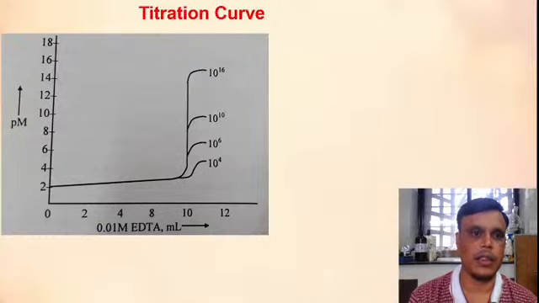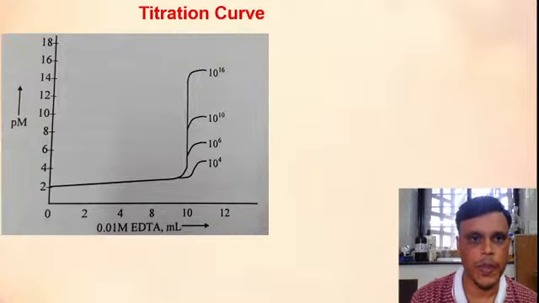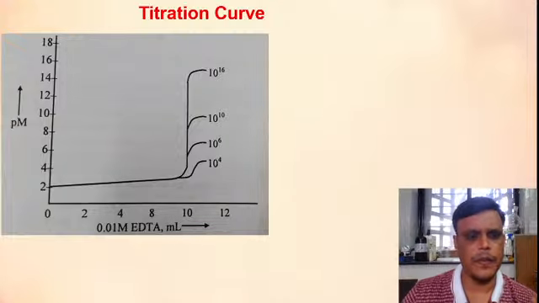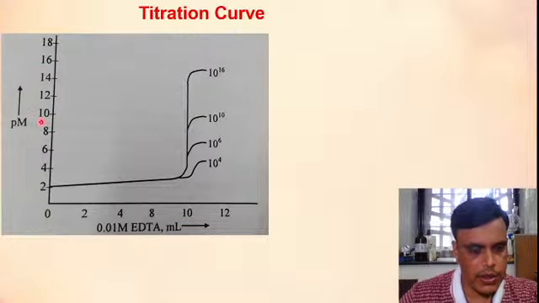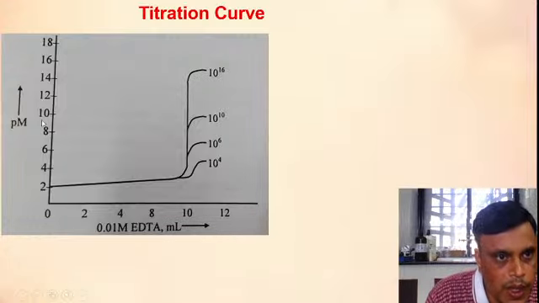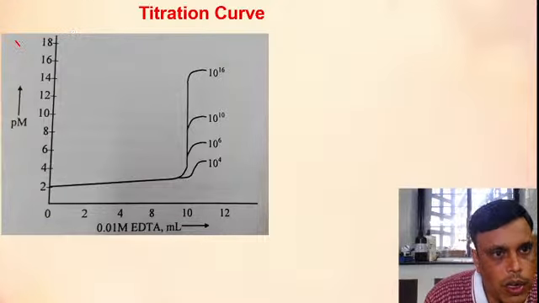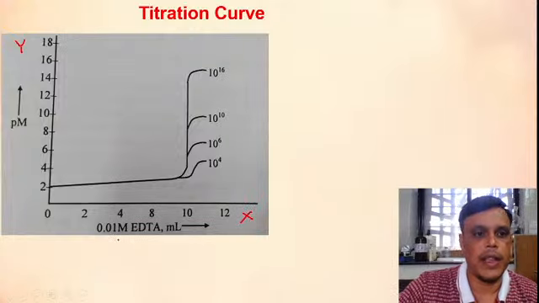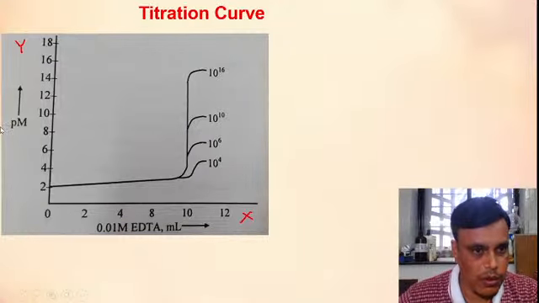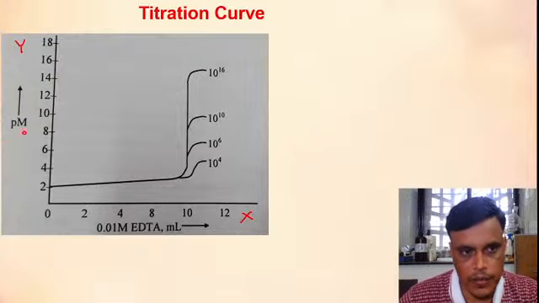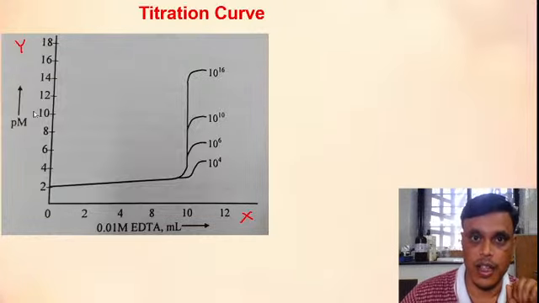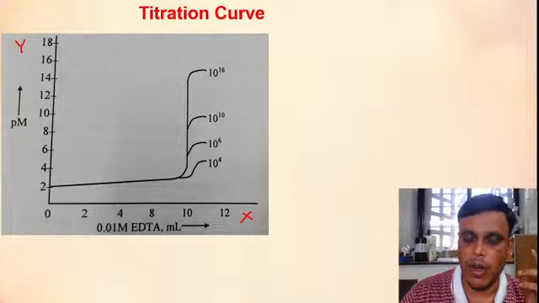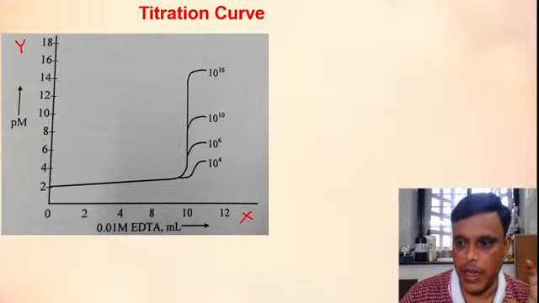Now here some difference is there from what we saw in neutralization titration. If you see the y-axis, this axis is called the y-axis and this axis is called the x-axis. On the y-axis pM is written, while in neutralization titration, if you remember, it was pH.